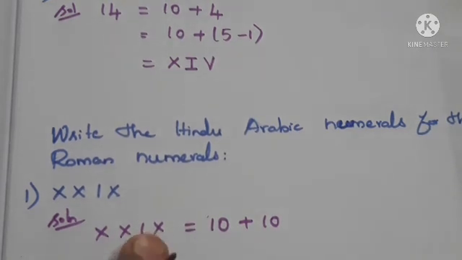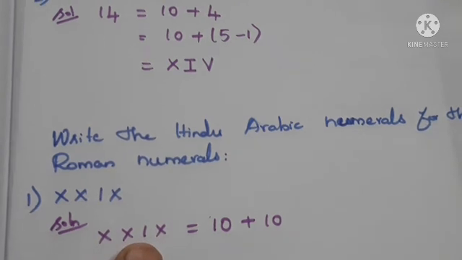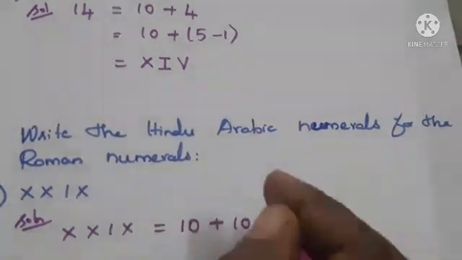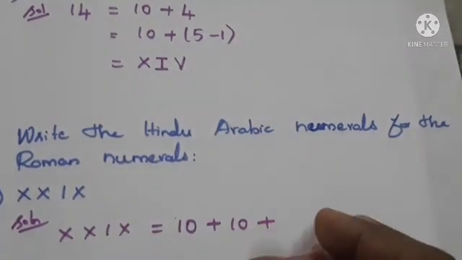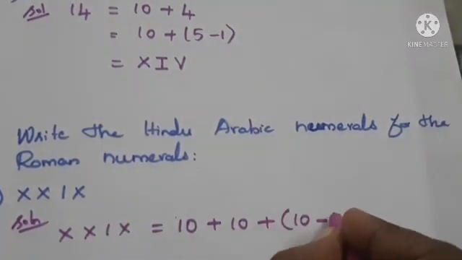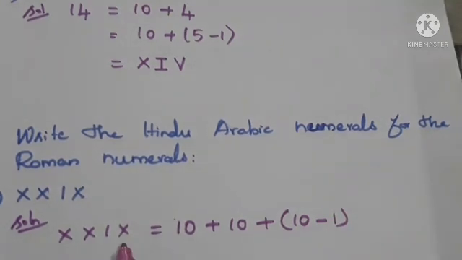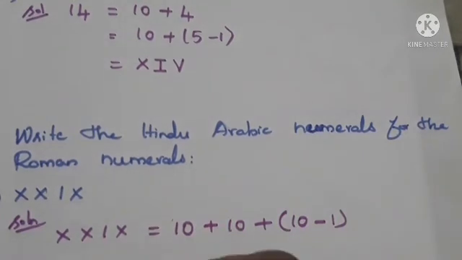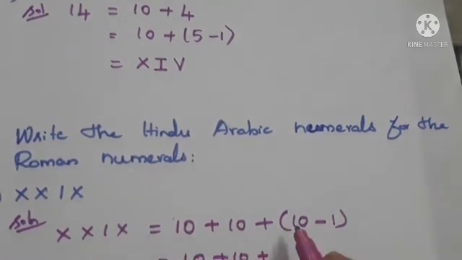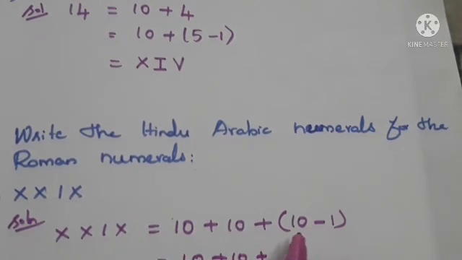Here it is at the left side of the number, so left side means we have to subtract. So just we can write 10 minus 1. First we write the 10, then minus 1. So that is equal to 10 plus 10 plus, then 10 minus 1.